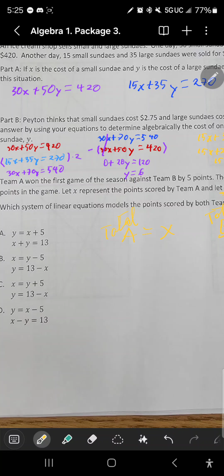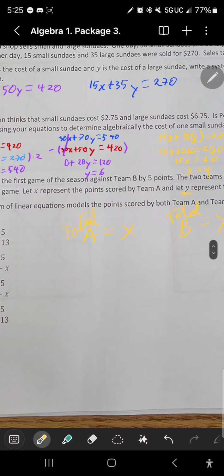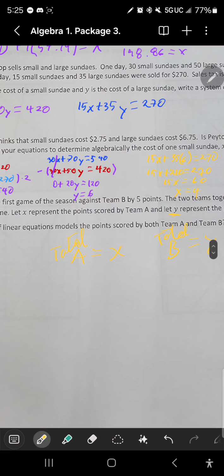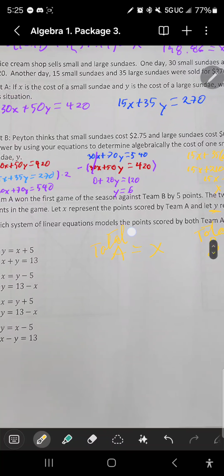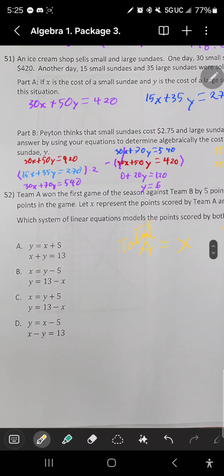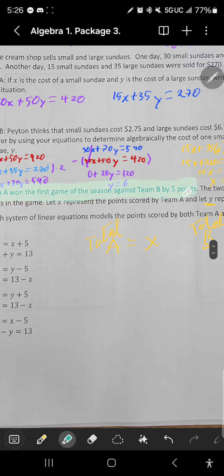So which is the linear equation model? Okay. And now it says that team B, give me 1 second. Okay. It says that team B lost. So let's read from the beginning. First game of the season against team B by 5 points.